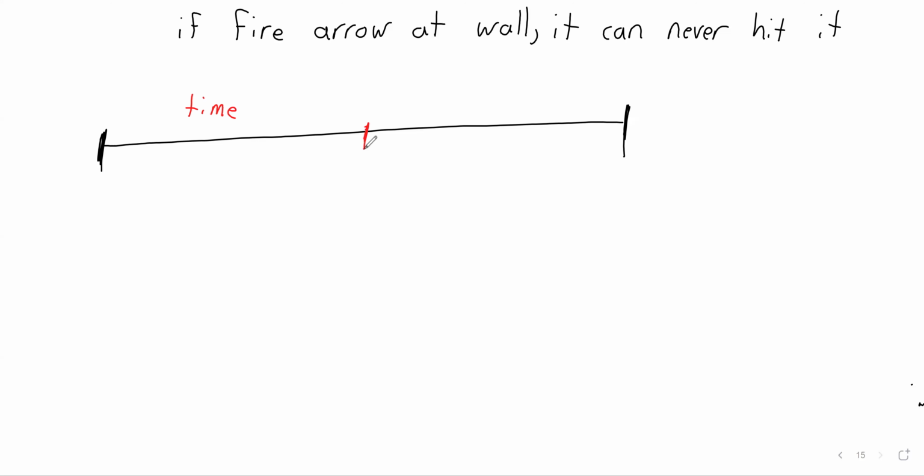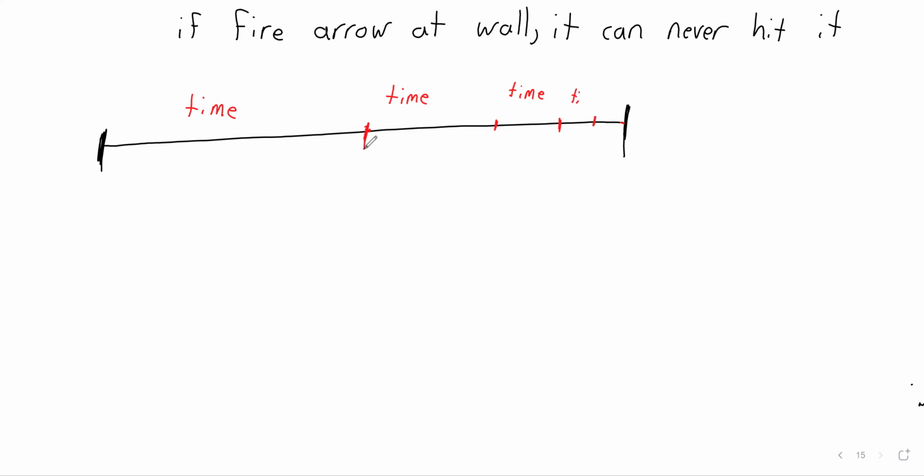So it can get halfway to the wall maybe, but that takes some amount of time. Well, now the arrow's here, but it can't just teleport to the wall. Before it reaches the wall, it will have to get halfway there. And that will take some amount of time. And you probably see where this is going. The arrow can never reach the wall, because to reach the wall, it always has to do something else first.